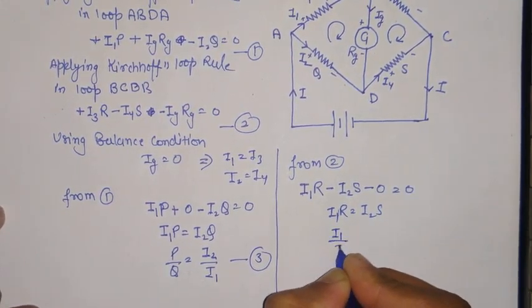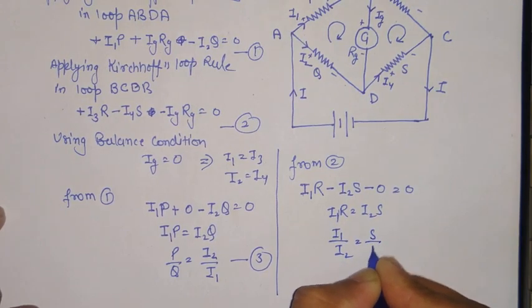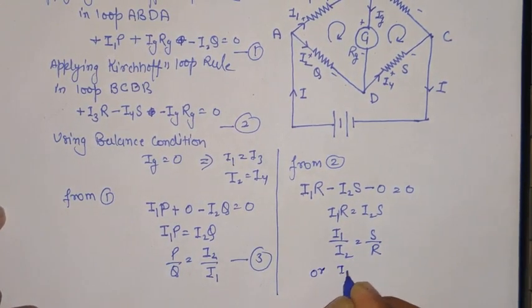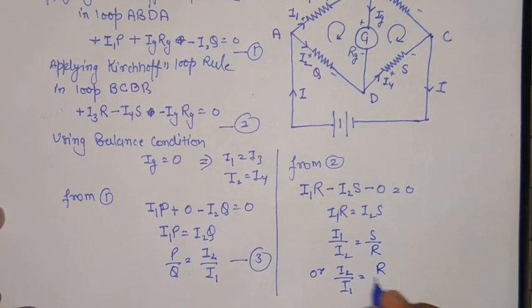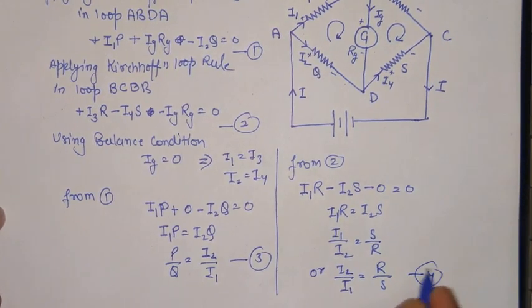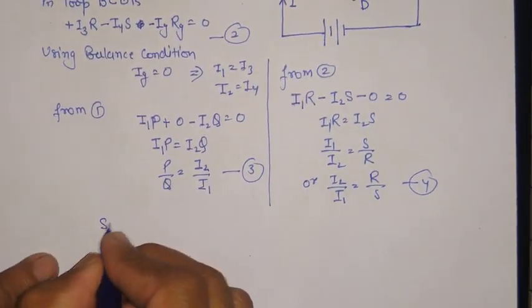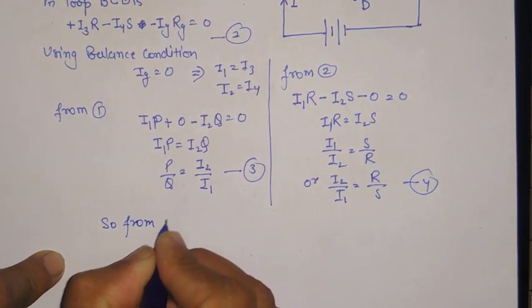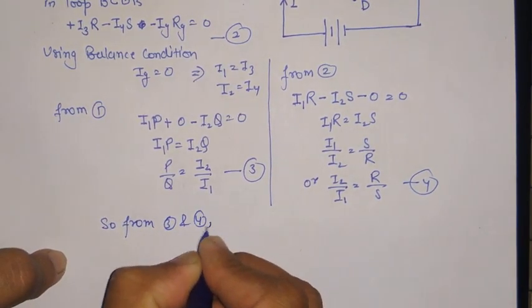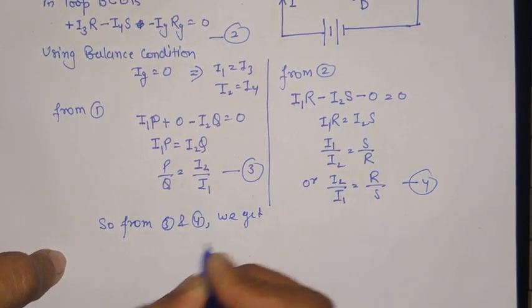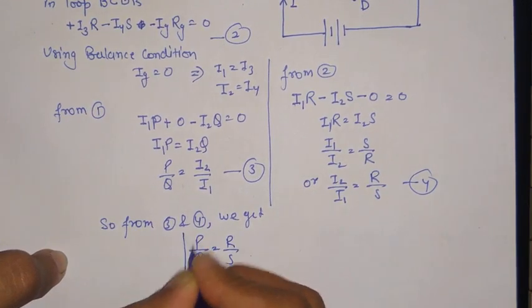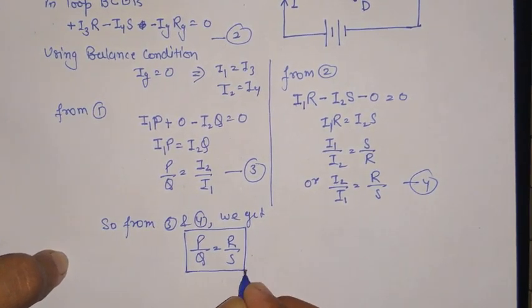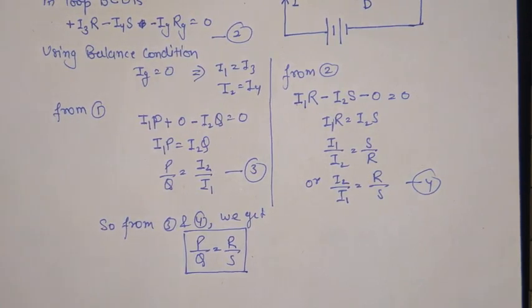Then I1 divided by I2 equal to S by R, or I2 by I1 is equal to R by S. Equation number 4. So from 3 and 4 we get P by Q is equal to R by S. This is the balance condition for a Wheatstone bridge.